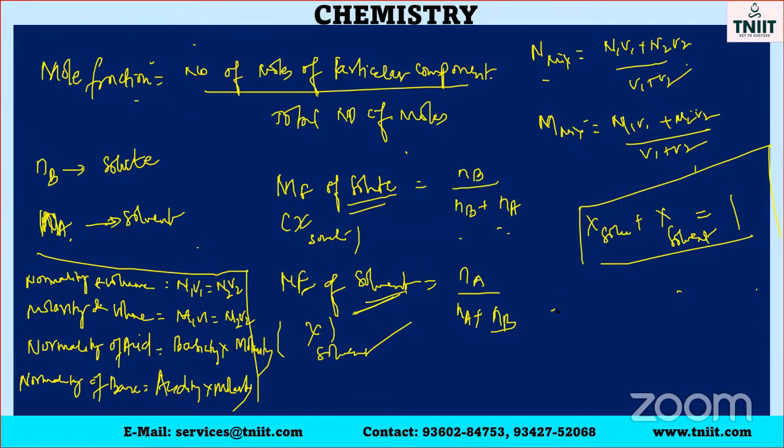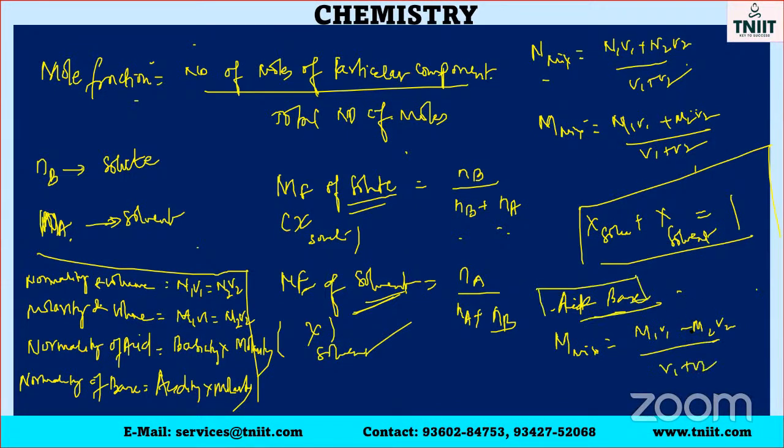But what happens if we mix an acid and a base? When we mix an acid and a base, a reaction takes place, and the corresponding mixture molarity will be M1V1 minus M2V2 divided by V1 plus V2. When it is a mixture of an acid and a base, there is a minus because a chemical reaction is taking place.